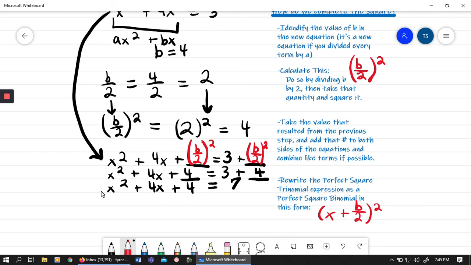You may or may not recognize it as that, but that's what we created, in this particular example, when we added 4 to both sides. So this next step is where we want to rewrite that perfect square trinomial that we just formed as a perfect square binomial.